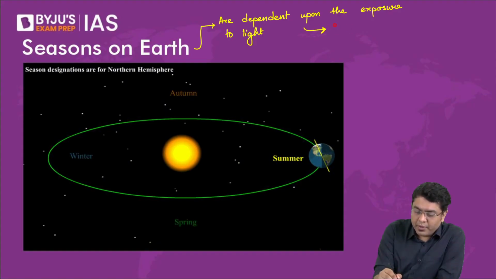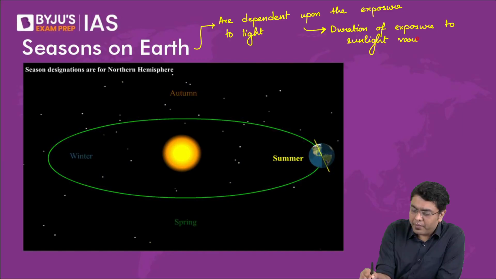So, duration of exposure to sunlight varies. And when the duration of exposure to sunlight varies, that means, and why is that?